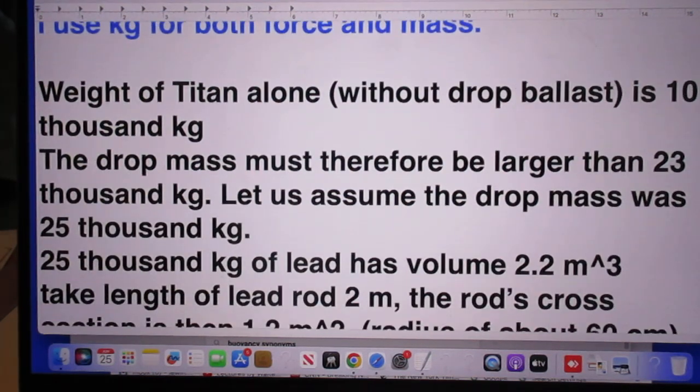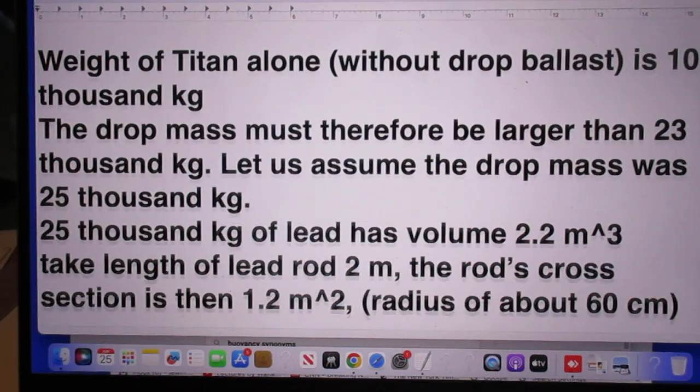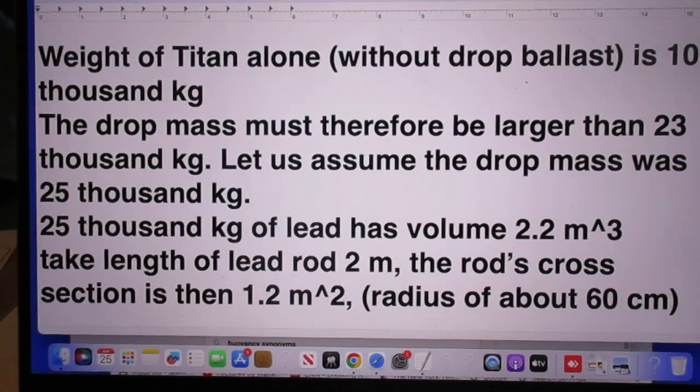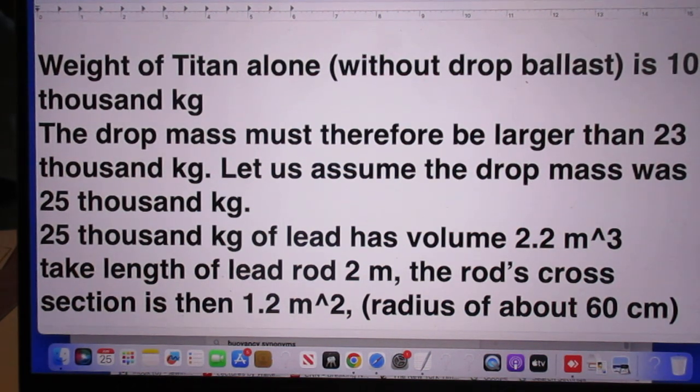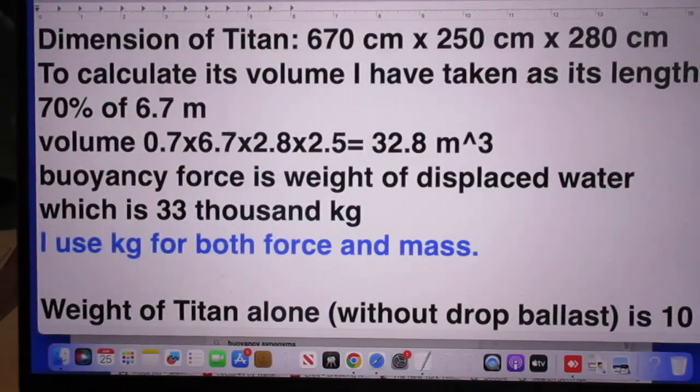The weight of Titan alone, without the drop ballast, is 6,000 kilograms. So notice, it's a weight, and I use the word kilogram, which is perfectly fine. The drop mass must therefore be larger than 23,000 kilograms, because the upward force is 33,000 kilograms.